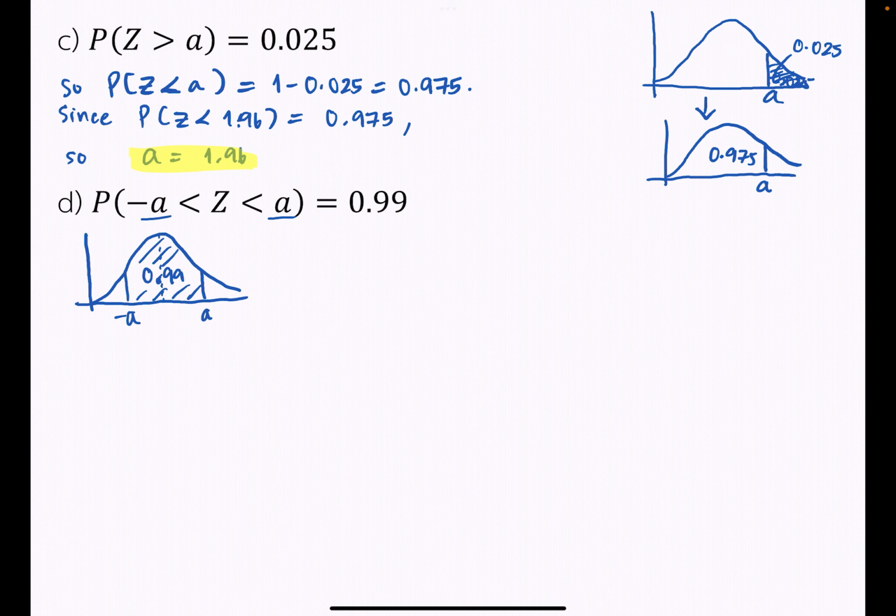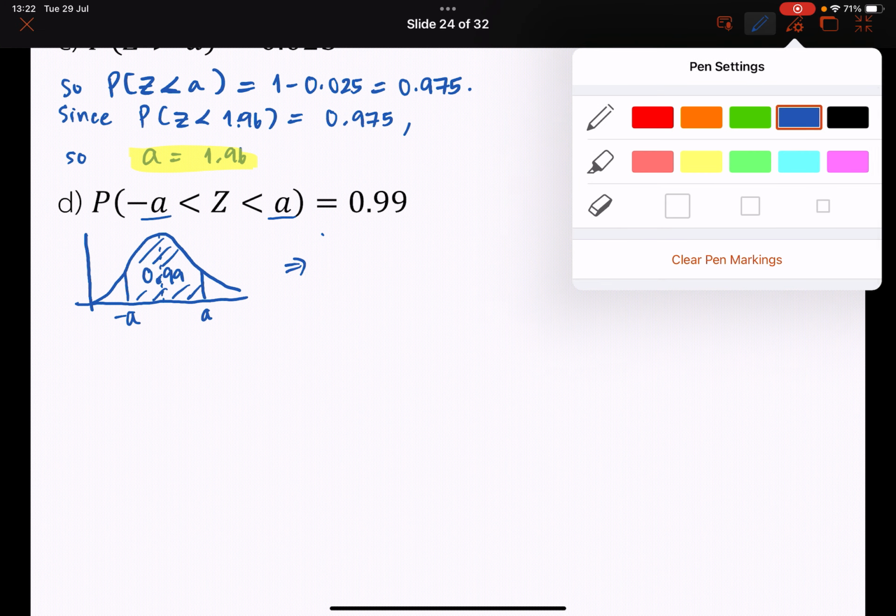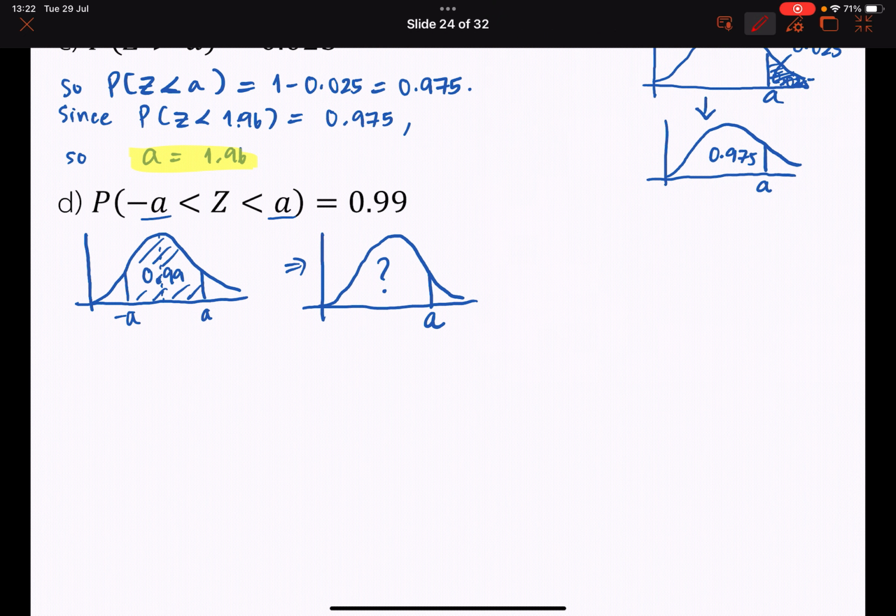Okay, this is challenging. Since we have the table only from the negative side all the way to A, we need to think a little bit. We need to think of the white area, the missing piece. We need to look for the area here so we can figure out A. From here we need to fill in these two little pieces.